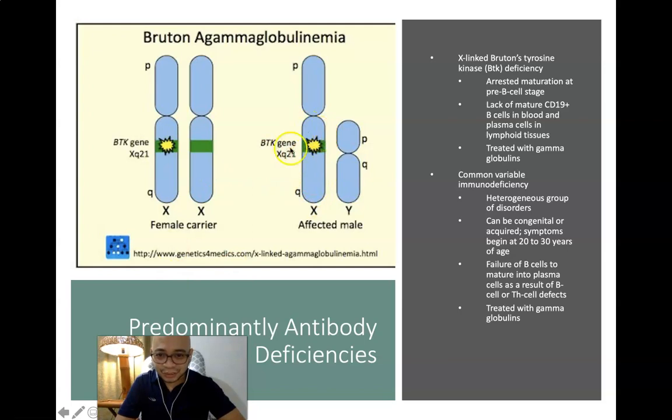So, if a person has this particular BTK defect, there would be arrested maturation at the pre-B cell stage, which means that B cells will not mature normally. If we assay or analyze the subsets of lymphocytes, you would notice a lack of mature CD19 positive B cells in blood and plasma cells in lymphoid tissue.